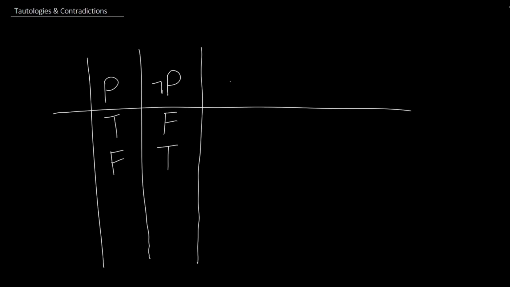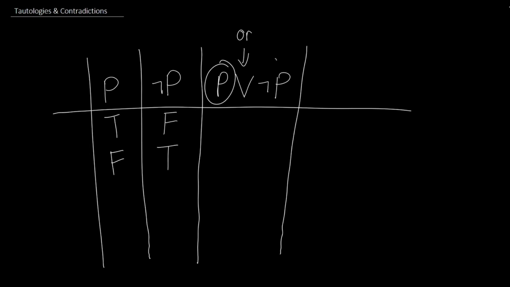Next, I want to add another statement here. I'm going to add P, and this is or, so it's P or not P. And let's fill in the entries for that. So since this is an or statement, only one of P or not P needs to be satisfied. In other words, only one of them needs to be true.